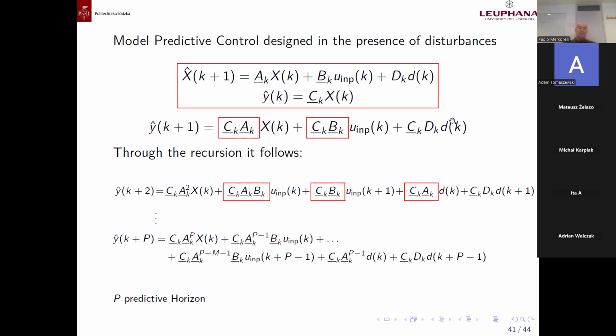Here we have also the case in the presence of a disturbance. I would like to skip this part because nevertheless we can manage the presence of the disturbance also without this extension. Of course, with this extension, we can reject the disturbance very well, but we have to know the disturbance, and to know the disturbance means to have an observer to estimate the disturbance somehow.